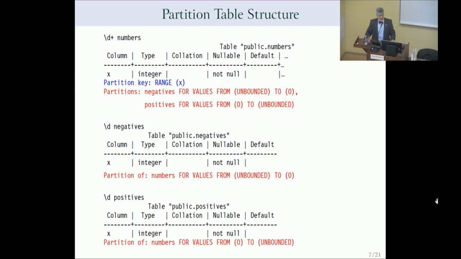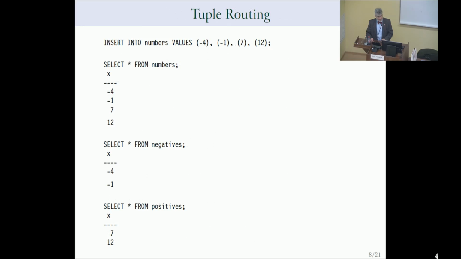So if I look at the numbers table here, it tells me that I have positives and negatives children here in red. And if I look at the negatives table, it tells me it's from negative infinity to 0, and the positives is from 0 to positive infinity. So basically from the beginning of numbers to 0, and then 0 all the way up.